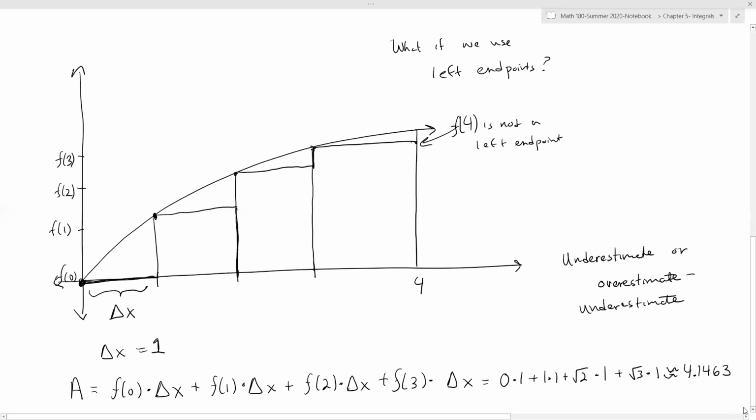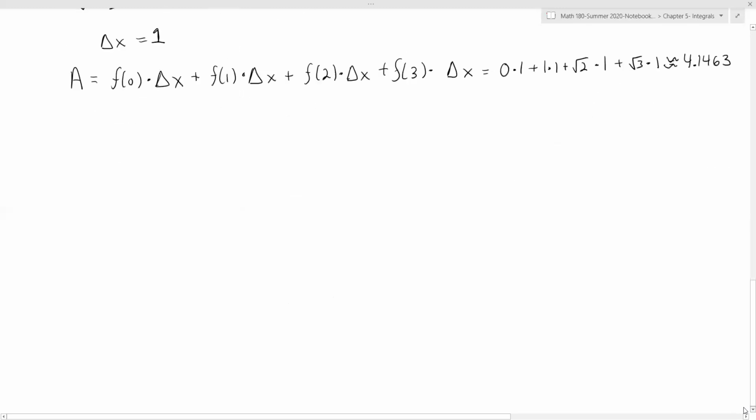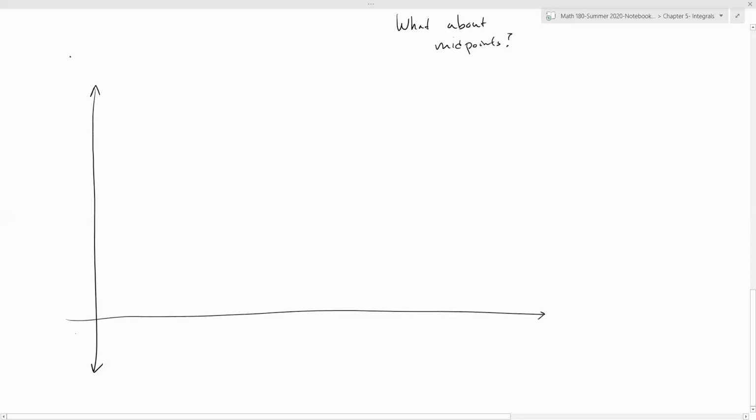Okay. Now, what if we used midpoints? Let's take a look at another one here and let's ask, what if we used midpoints in order to draw this out? What about midpoints? Go in and draw our picture again.